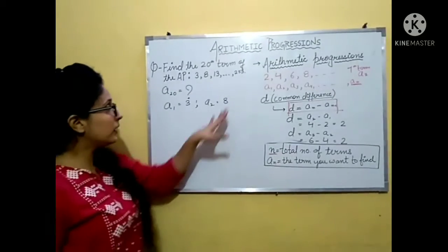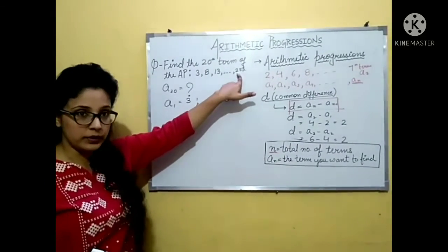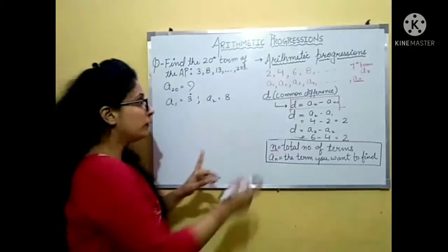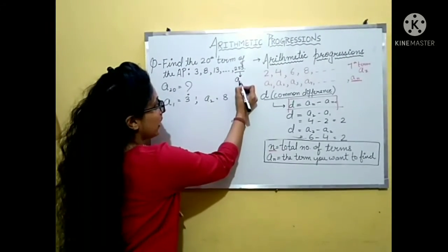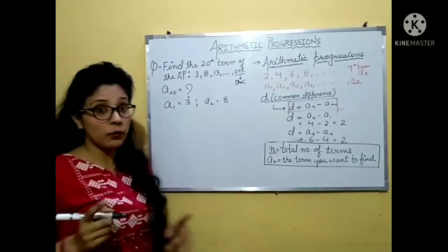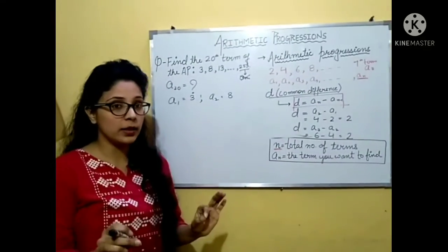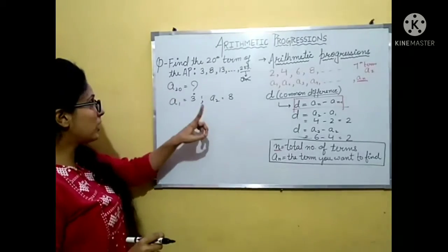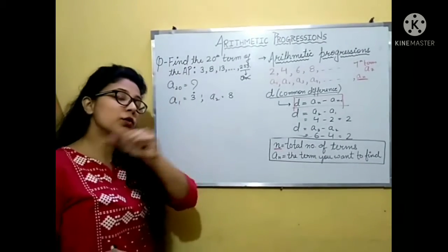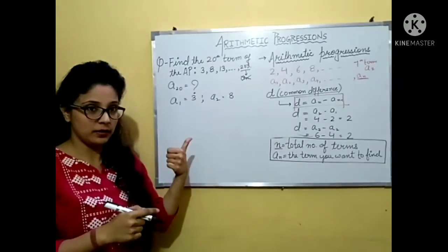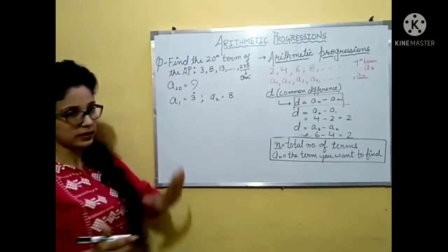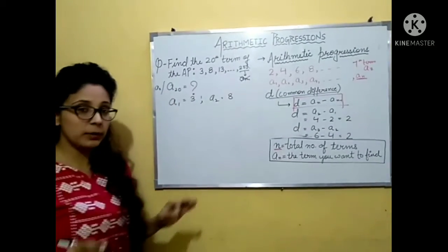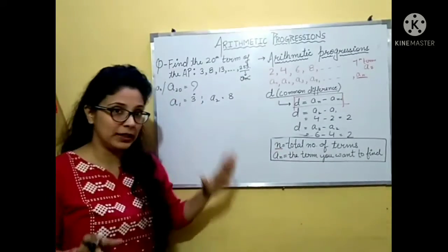But look here, what is 253? 253 is the last term, but 253 is not your nth term here. Why? Because the nth term is not the last term every time. Here you have to find out the 20th term, so the 20th term is the nth term here, because we want to find out the 20th term.